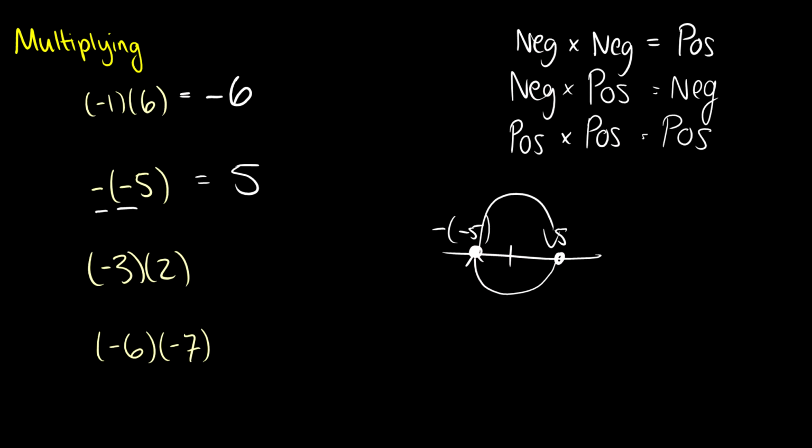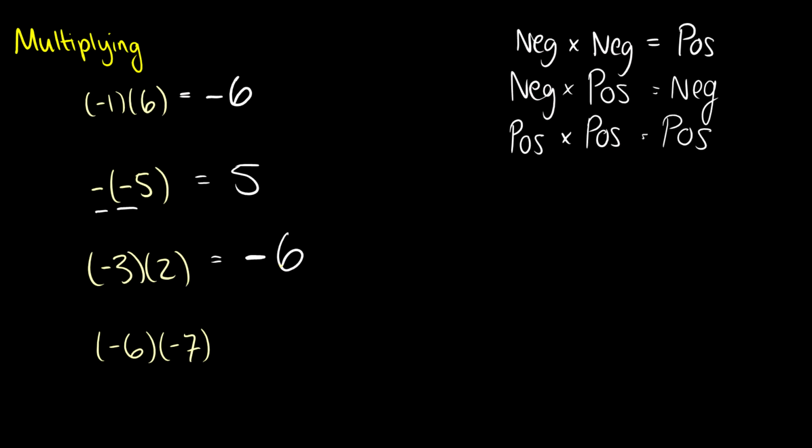So, what's negative 3 times 2? Well, negative 3 times 2 is a negative times a positive, so we're going to have a negative here. And 3 times 2 is 6. Okay, how could we rewrite negative 3 times 2?